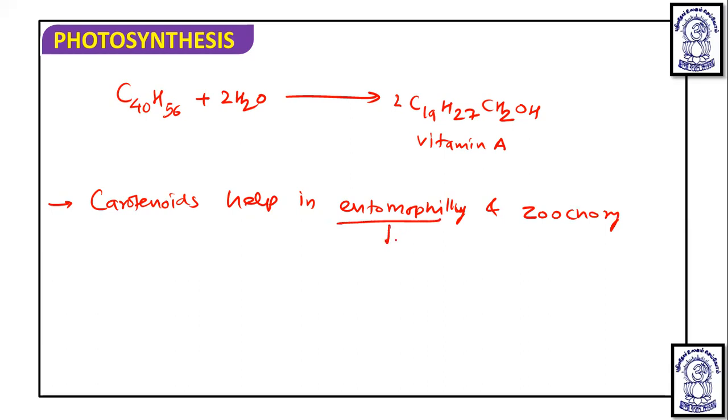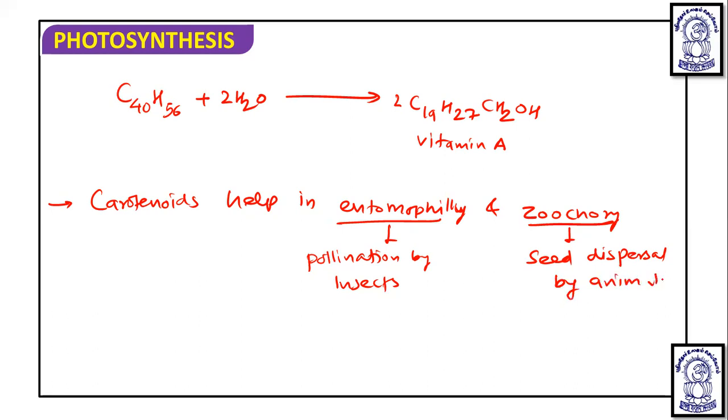Entomophily is pollination by insects, and zoochory is seed dispersal by animals. In this way, the flower gets a particular color that is due to the carotenoids. So carotenoids help in these two mechanisms. Okay, so this is all about the carotenoids.